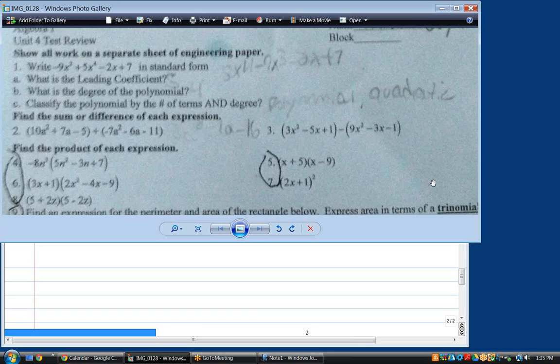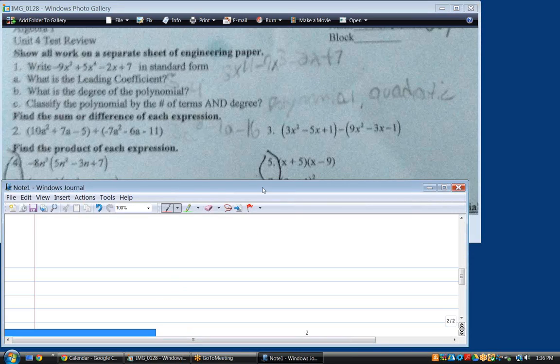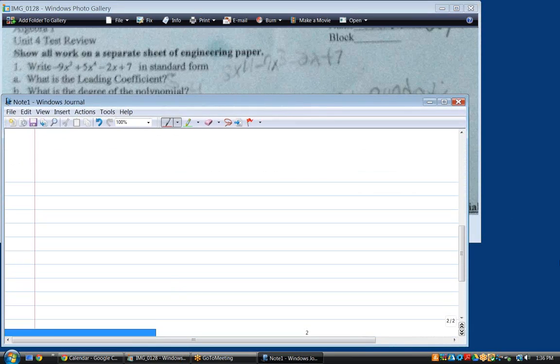Okay, Patrick, I noticed some of your answers on the first question aren't right, so maybe we need to look at question 1 also. If I were to write that function in standard form, what would it look like? Why don't you just put it in order, like the 5x to the 4th and 9x to the 3rd?